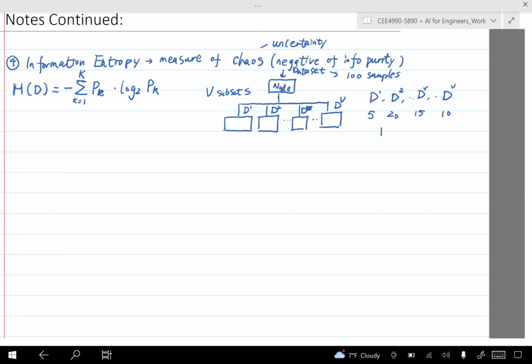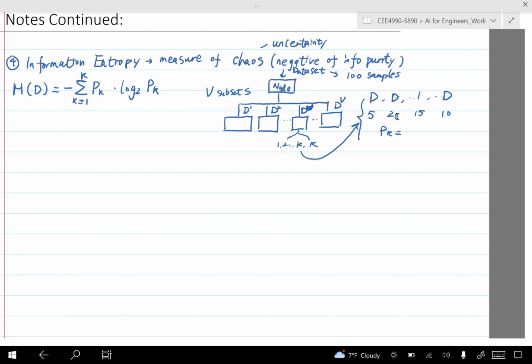We can calculate p_k. We split the data into V subsets. For each subset, it's very possible that we still have different categories, right? So let's take a look at D^V. For D^V, we take a look at how many samples we have. Let's say that it has categories 1, 2, k, all the way to capital K. It may not contain all the capital K categories, but let's say that here we take a look at this one. Inside it, we have different categories.